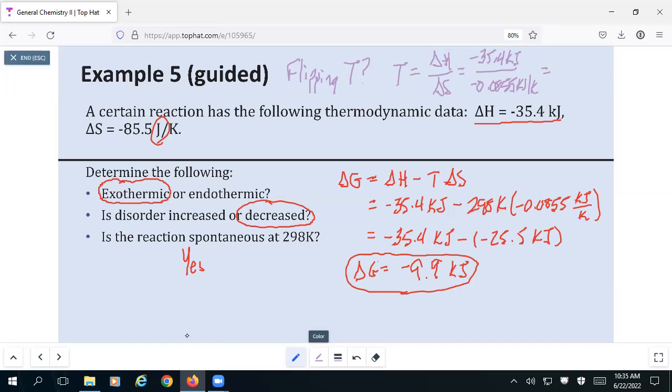And to three significant figures, that would give me 414 Kelvin.